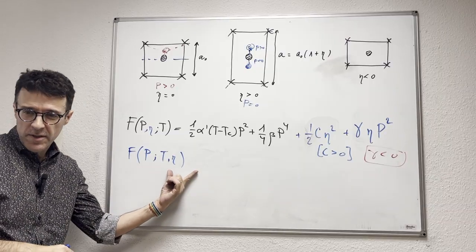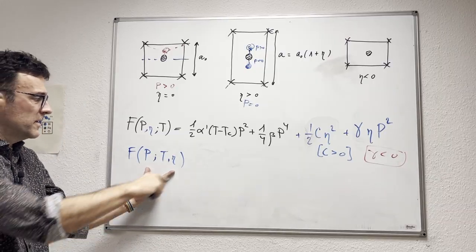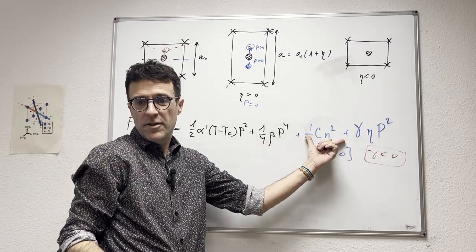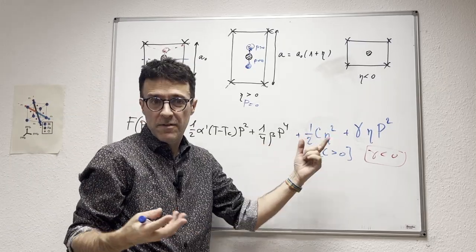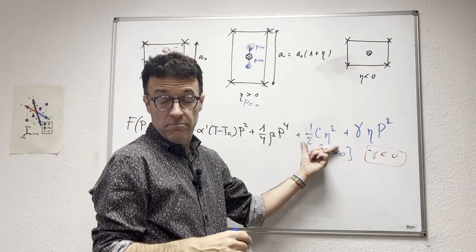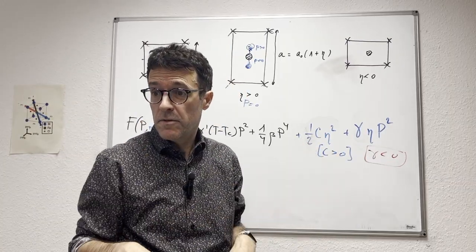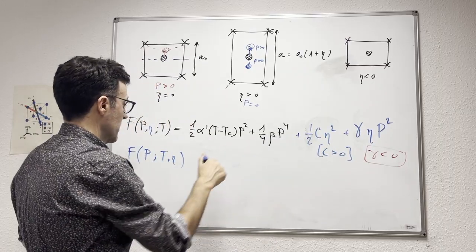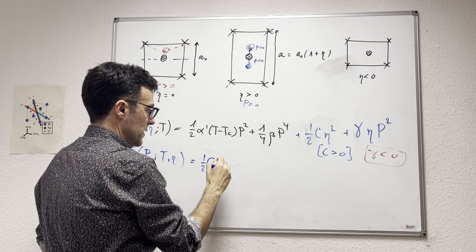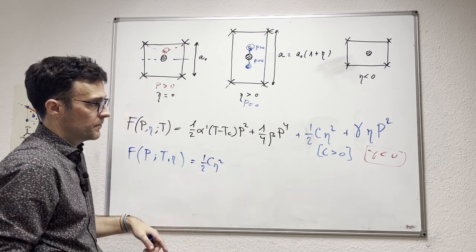If I adopt this viewpoint, then it's very interesting. If the strain is external, the energy associated to the strain alone is irrelevant. It's something that I am paying from the outside. I am straining my material, that costs energy, but I can do it. So I can forget about that energy. This becomes some sort of a constant.